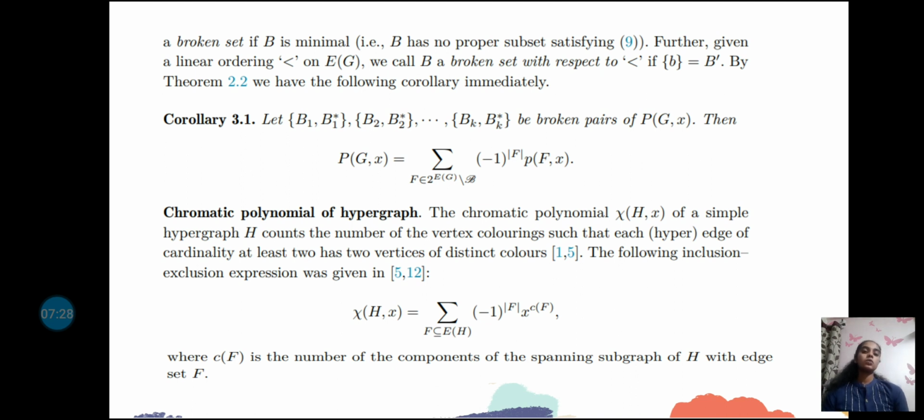By Theorem 2.2, we have the following corollary immediately. Corollary 3.1. Let (B_1, B_1 star), (B_2, B_2 star), ..., (B_k, B_k star) be broken pairs of P_G(x), then the chromatic polynomial of the hypergraph follows.